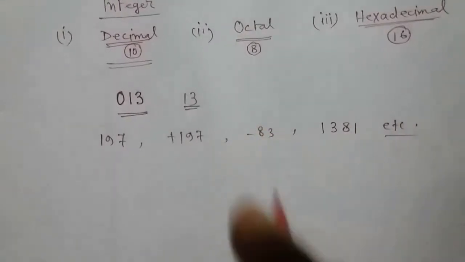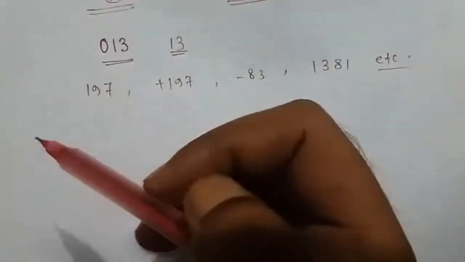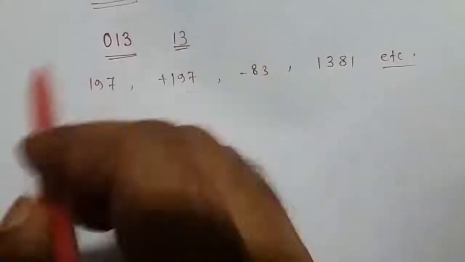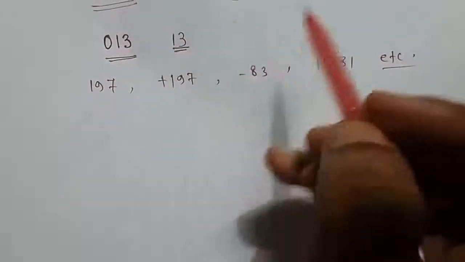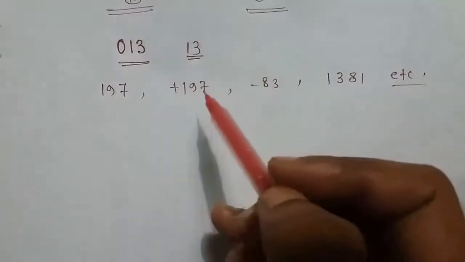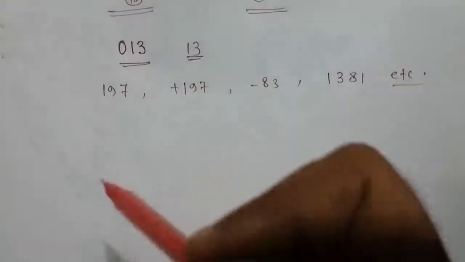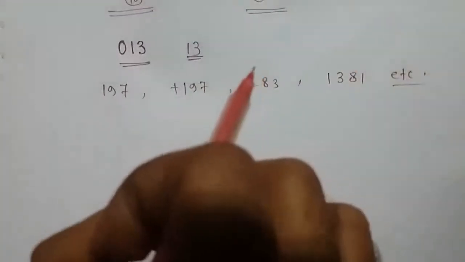Now number 2, octal. So what happens in case of the octal number system? Octal numbers: a sequence of digits starting with 0 is taken to be an octal integer in Java programming.